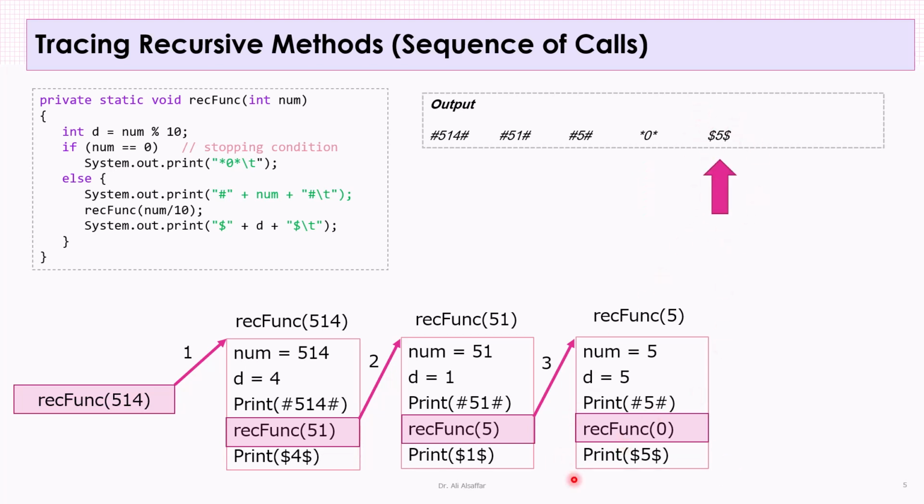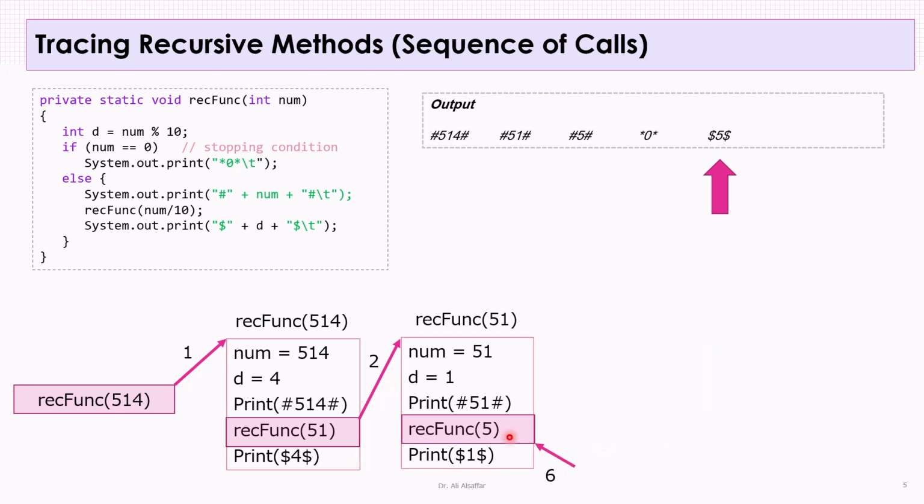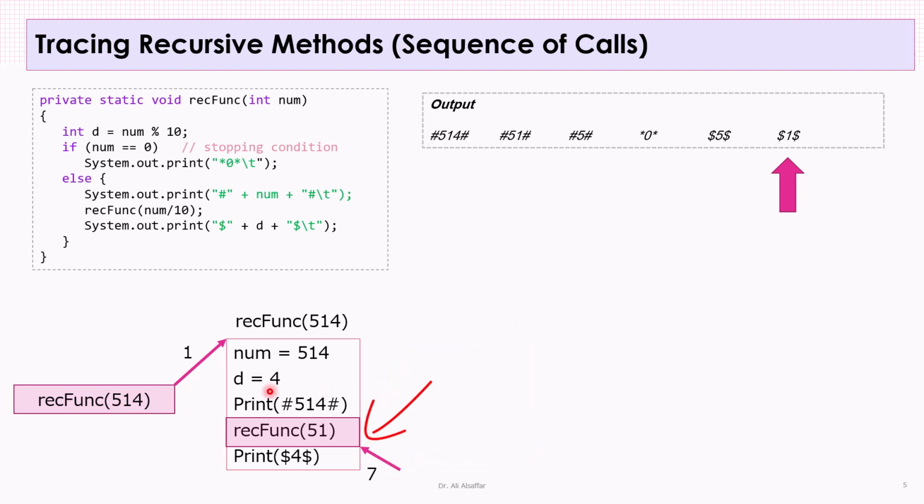And again, we have reached the end of the method. And when we reach the end of the method, then we have to return back. But where are we going to return? So we are returning here. And again, when we called the method with input parameter 5, a print statement was suspended. So this method has to continue until the end. It will print 1 surrounded by $, and then it will return back to the previous call.